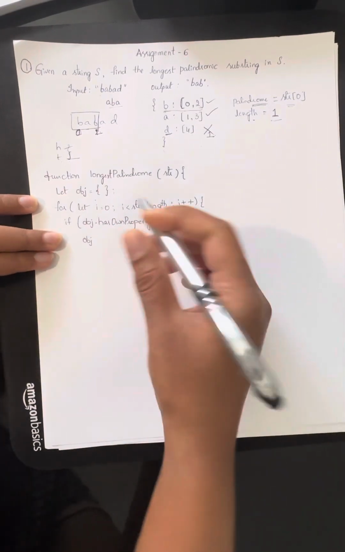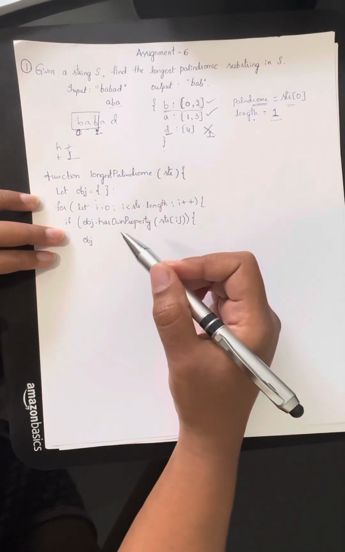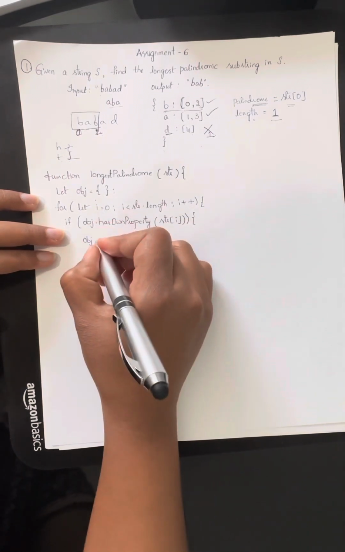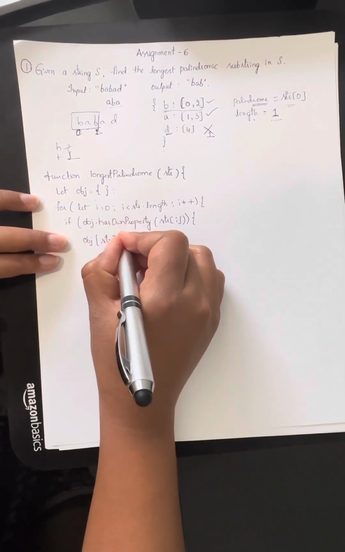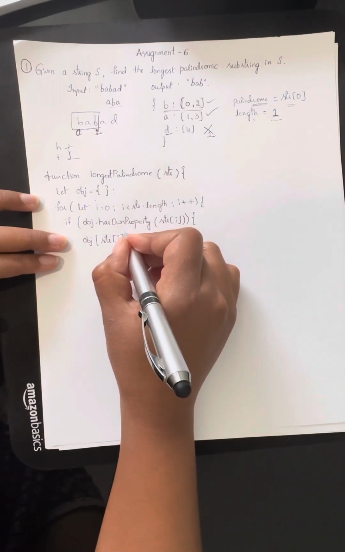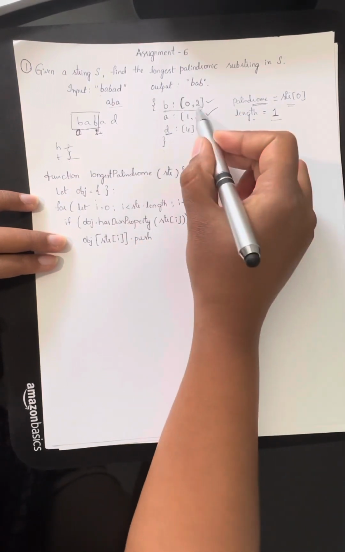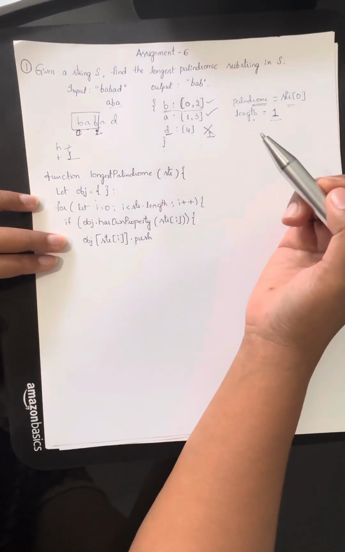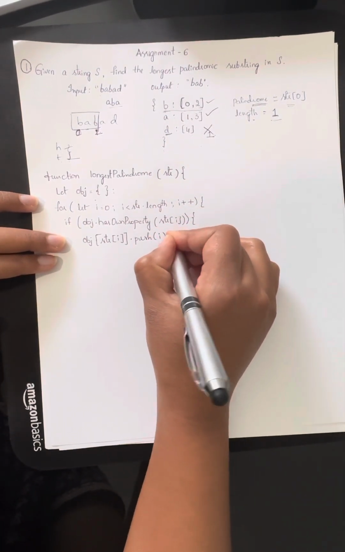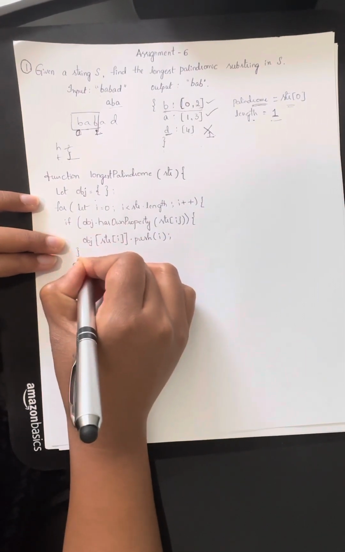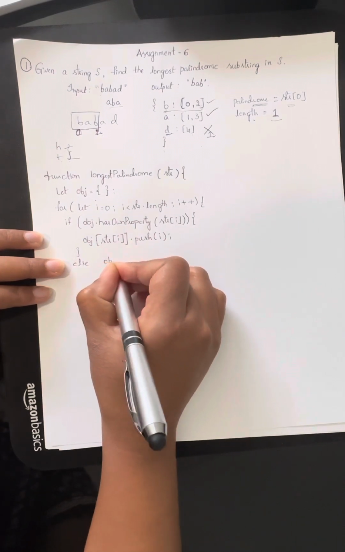So what I'm doing here is, first I'll check if I already have that current letter in the object. If I have that letter, then I will just push the current index to that letter's property. So we are storing them as arrays, right? So I'm just going to push that current index into that array. Else, if we don't have that key, then I'll just create a new key.